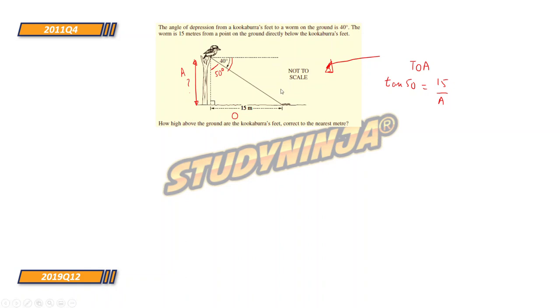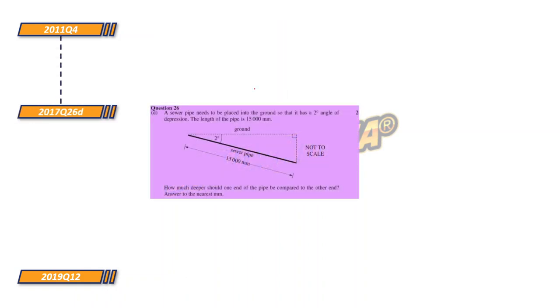If we move down to 2017 question 20, again, this question is exactly the same as 2011 question 4. You're given a scenario and it's drawn for you. You're told that the pipe is 15,000 millimeters long and that the angle of depression is 2 degrees.